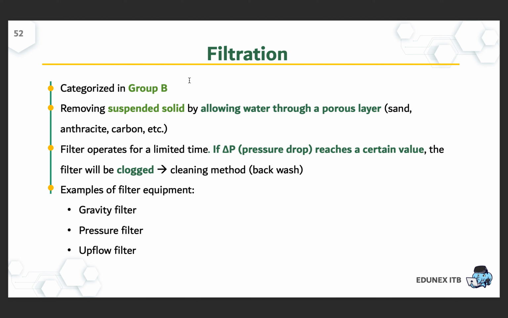You can use sand, anthracite, carbon, or sometimes you can also use cloth. Particularly the plate and frame filters use cloth, but if we need to treat a significant amount of water, usually we use a pile of porous layer.